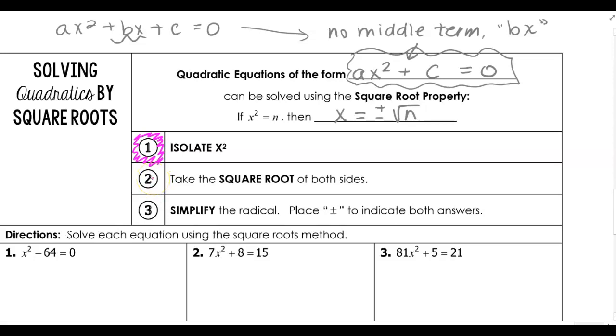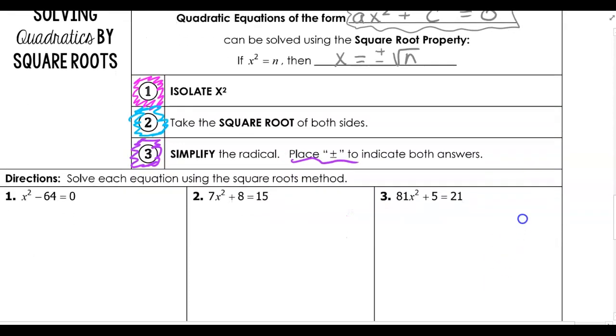Unlike our previous problems where we were solving to get our quadratic equal to 0, we're going to try and get the x squared all by itself on one side. The second step is to take the square root of both sides. The third step is to simplify the radical, like we did on the front. And then don't forget, you'll place that plus or minus to indicate both answers.